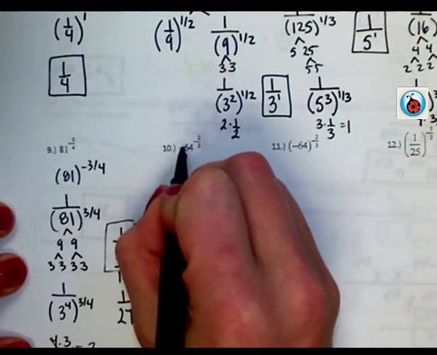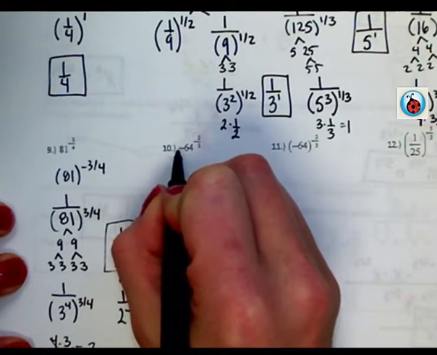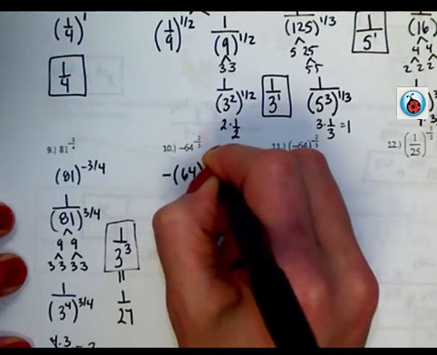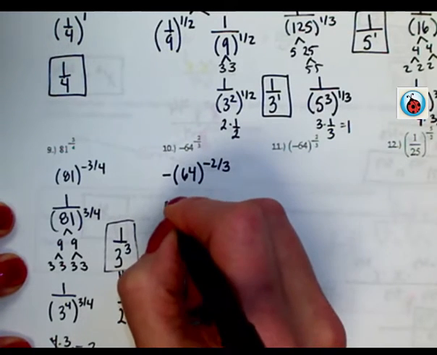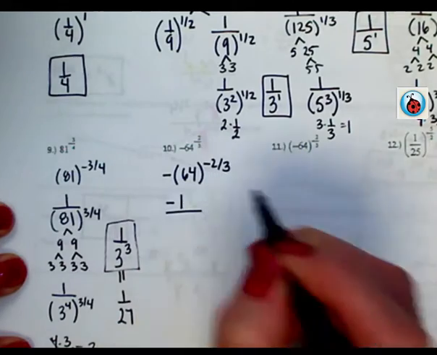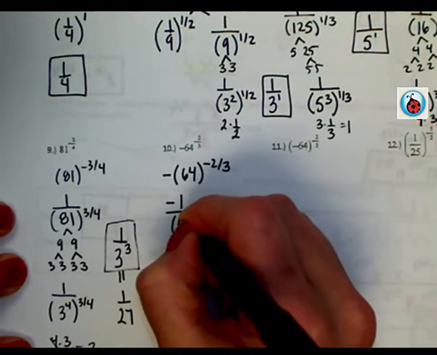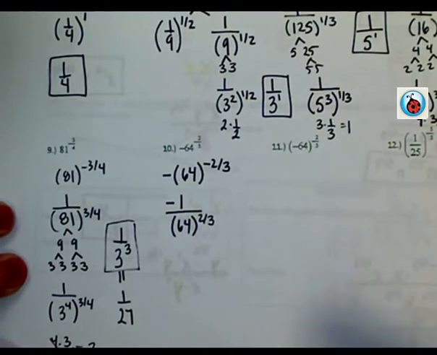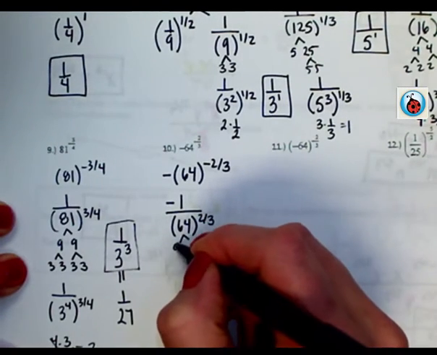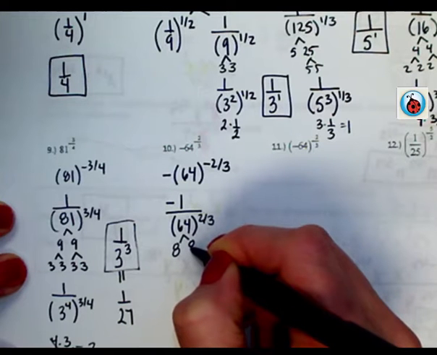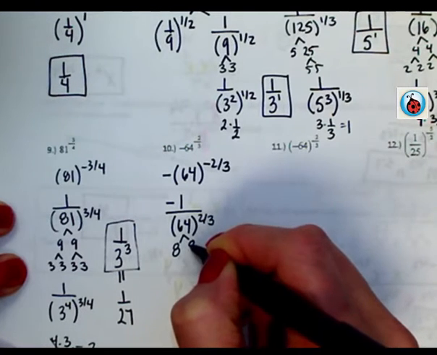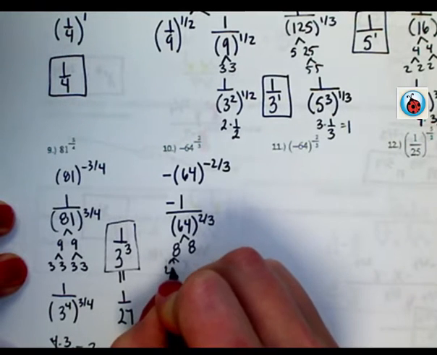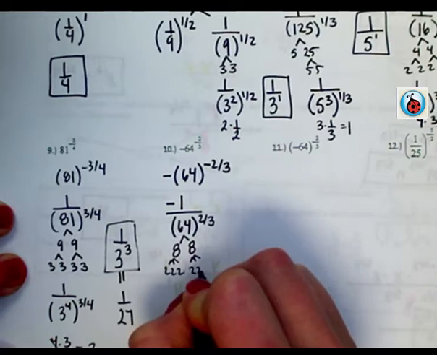Okay, notice the negative here and the negative here. Negative not included, so I'm going to rewrite it with the correct grouping symbols. Okay, negative 1 is going to stay. The 64, which is attached to the negative exponent, is going to move. Okay, 64 is 8 times 8? Yeah, okay. So this is 2 times 2 times 2, 2 times 2 times 2.